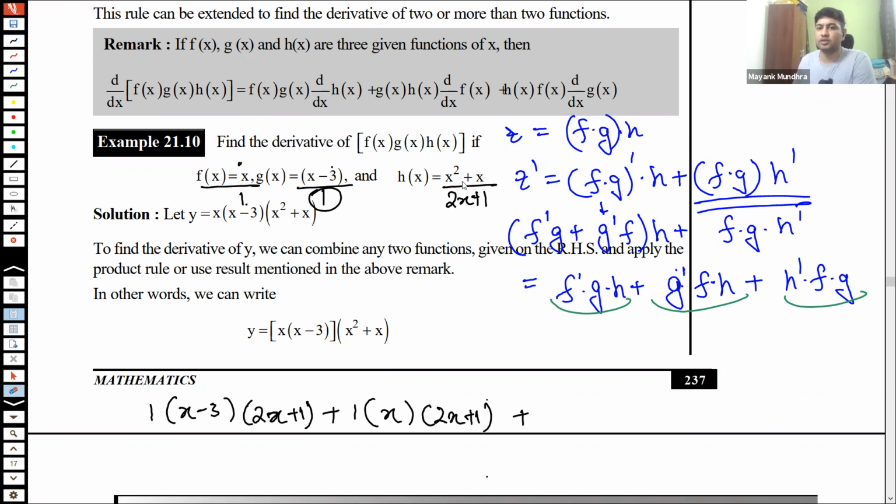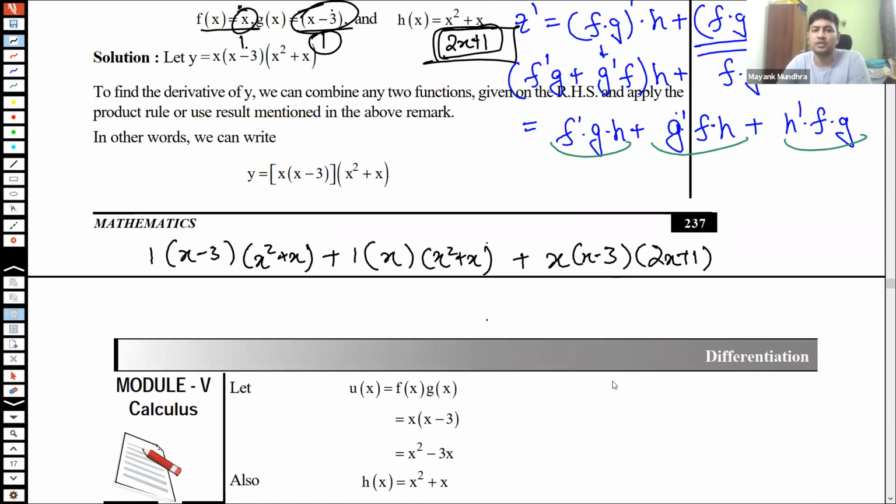Plus finally I'm going to use this differentiation. Oh no, sorry, not 2x plus 1. I should be using x square plus x. And finally, I'm going to use this guy's differentiation and keep these two as it is. So it's going to be x into x minus 3 into 2x plus 1.